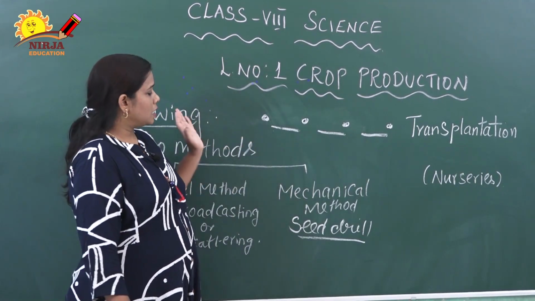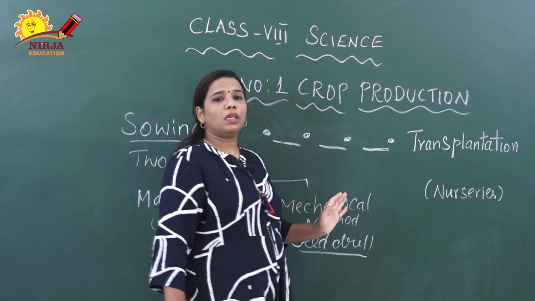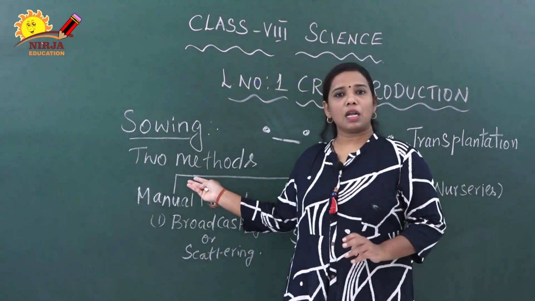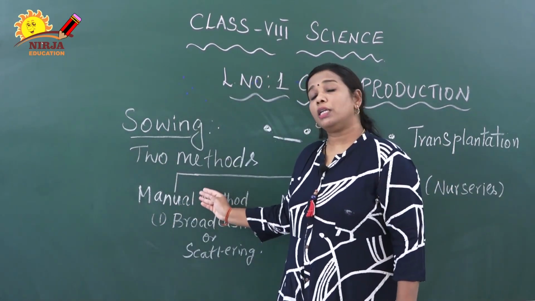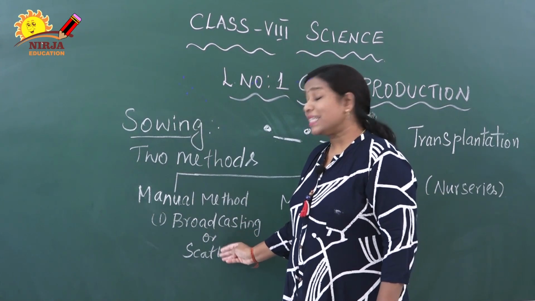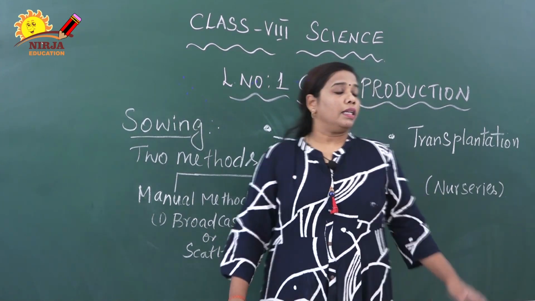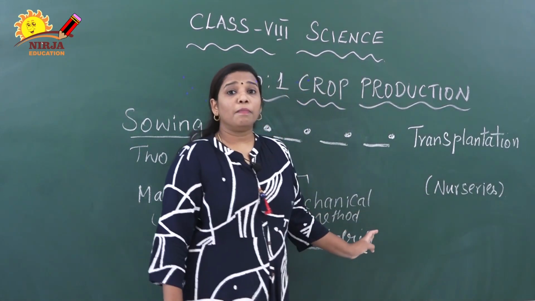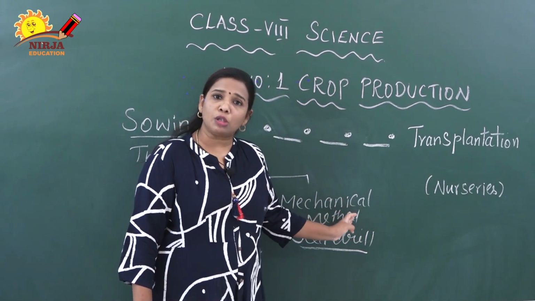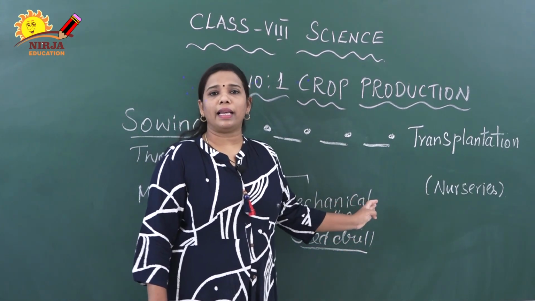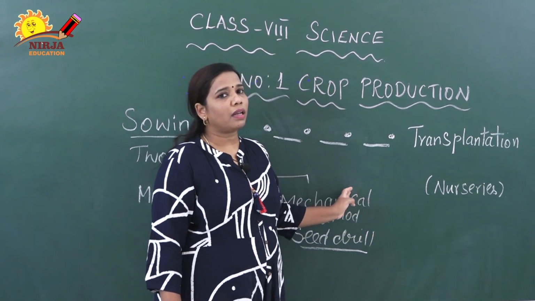We discussed different methods of sowing. One is the manual method, another is the mechanical method. The manual method is also called the broadcasting method or scattering method. The next one is the mechanical method. With the help of a machine, an agriculture tool, they add the seed on the land. That method is called the mechanical method.